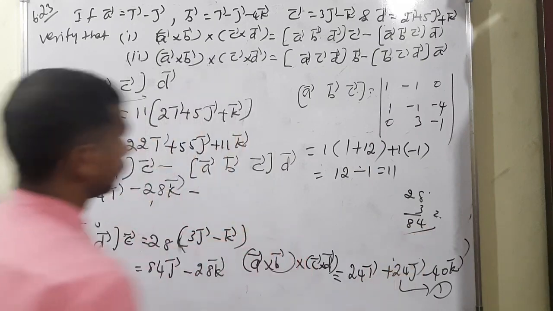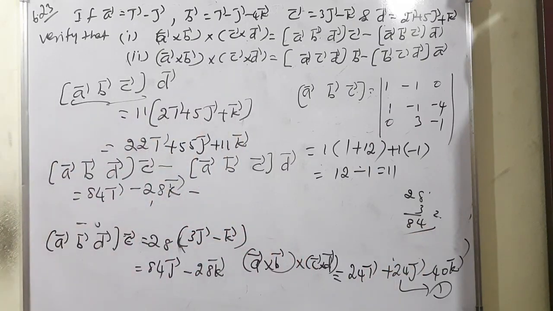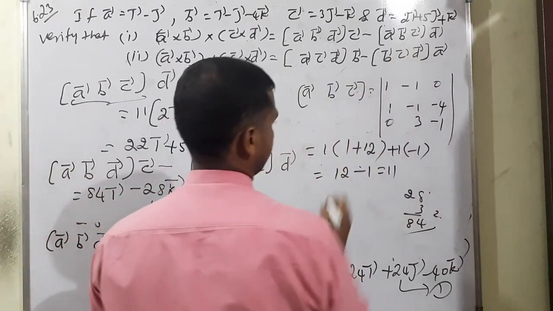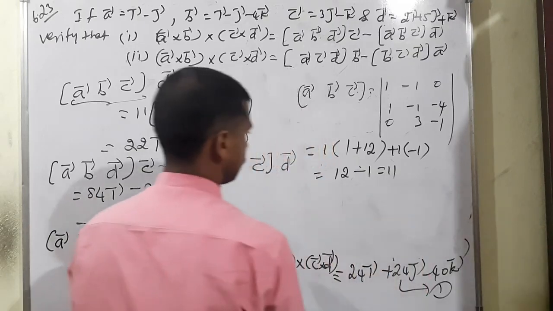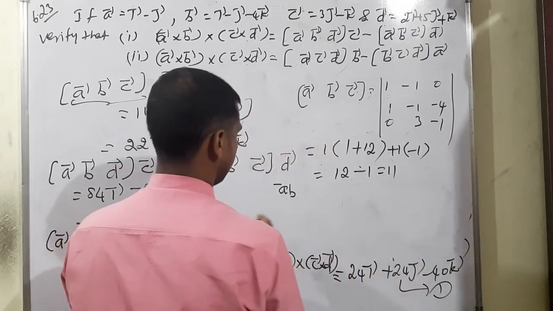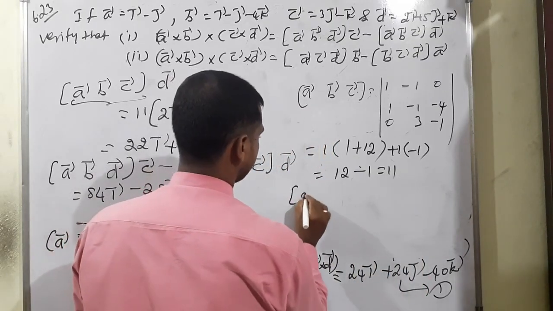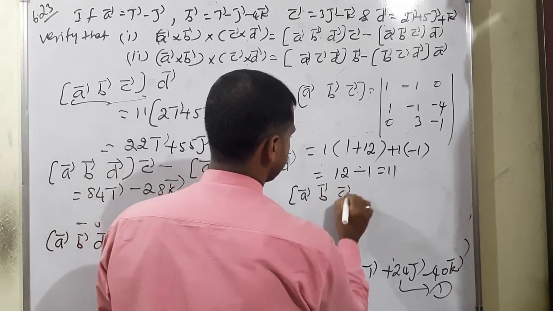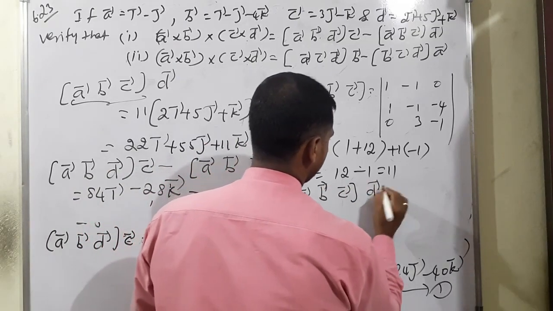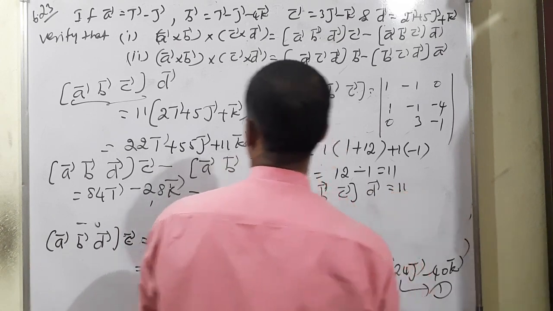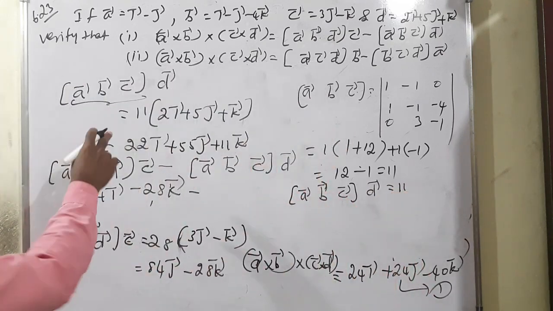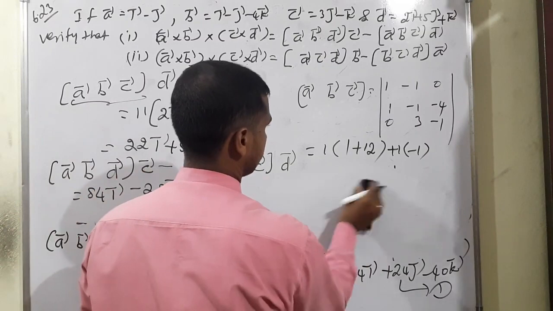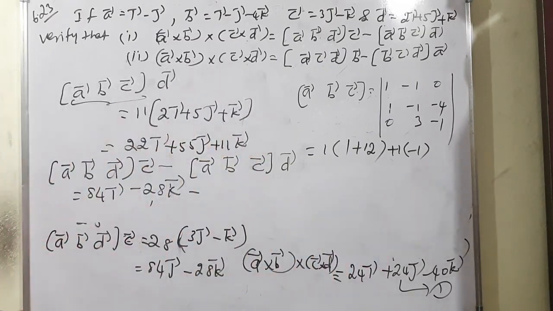ABC is not finished into D, isn't it? So I will write it here. Box product of ABC into D vector is equal to, sorry my dear, I finished now. ABC into D, what is the value?